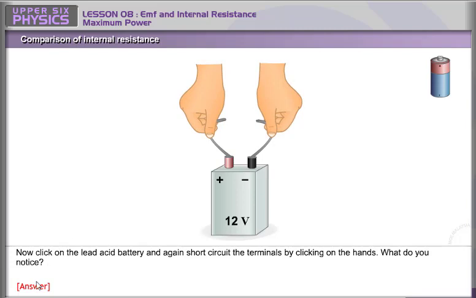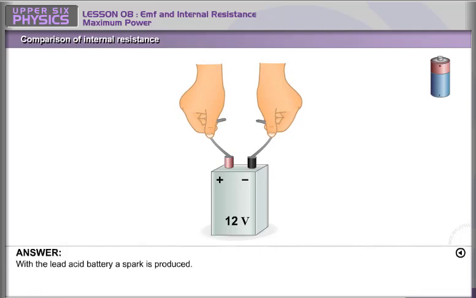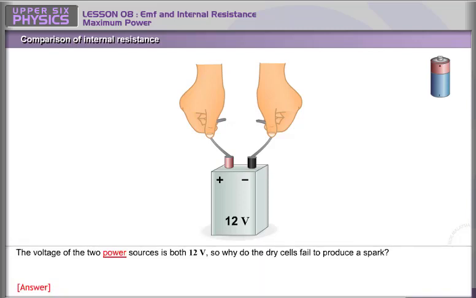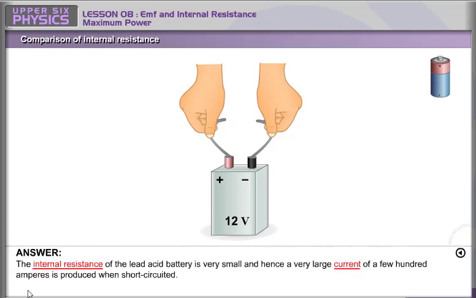What do you notice? Answer: with the lead acid battery, a spark is produced. The voltage of the two power sources is both 12 volts. So why do the dry cells fail to produce a spark? Answer: the internal resistance of the lead acid battery is very small and hence a very large current of a few hundred amperes is produced when short-circuited.